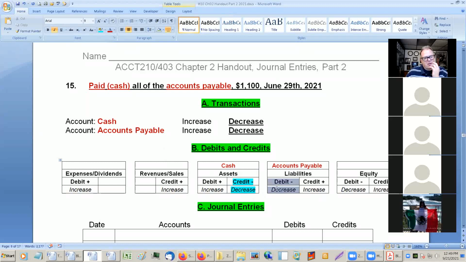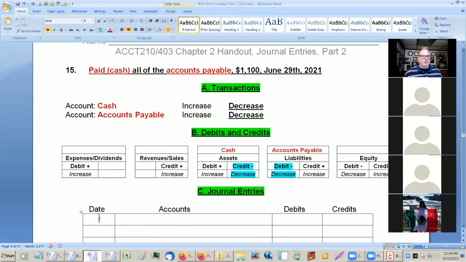Debit, good. And again, I think we talked about this last time. If you know what one of them is, you pretty much know what the other one is, especially if there's only two accounts. If there's three accounts, it might be a little bit more tricky, but if there's only two accounts and you know one of them's a debit, you know what the other one is, or vice versa.